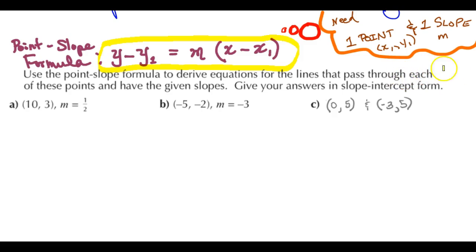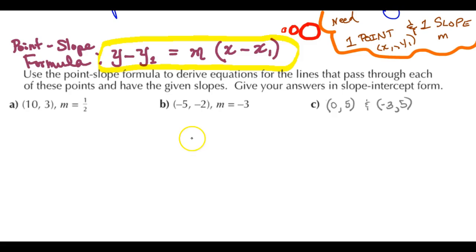When you go through your problem-solving skills and you see a word-problem-ish looking problem like these, you need to say, okay, what do they want from us? You might go all the way to the end of the problem and see, give your answers in slope-intercept form. Right there is your clue, they're asking you to write the equation of the line.